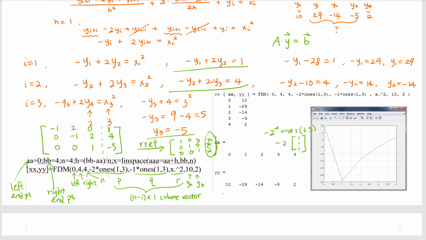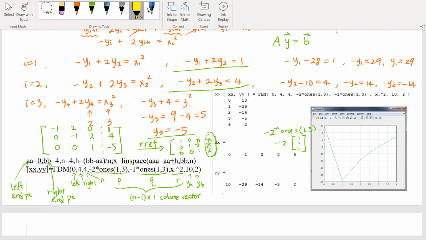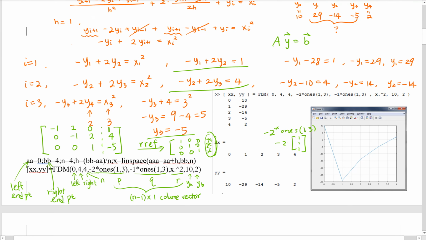But here, very, very important, you have to put the dots there because x is a vector. If we put the dot there, it means pointwise multiplication and pointwise powers, so each entry in the x vector is raised to the power of 2.